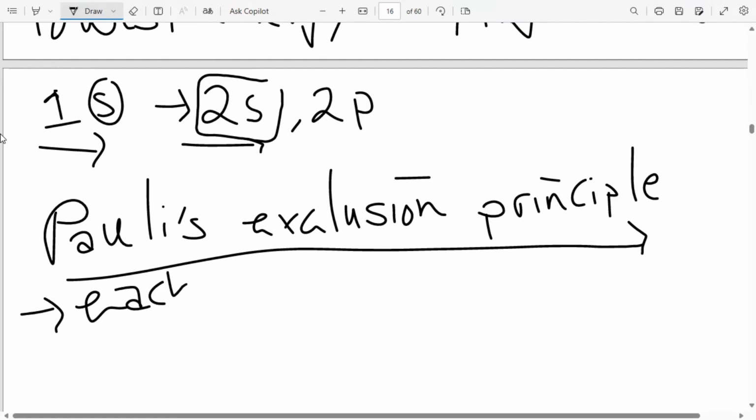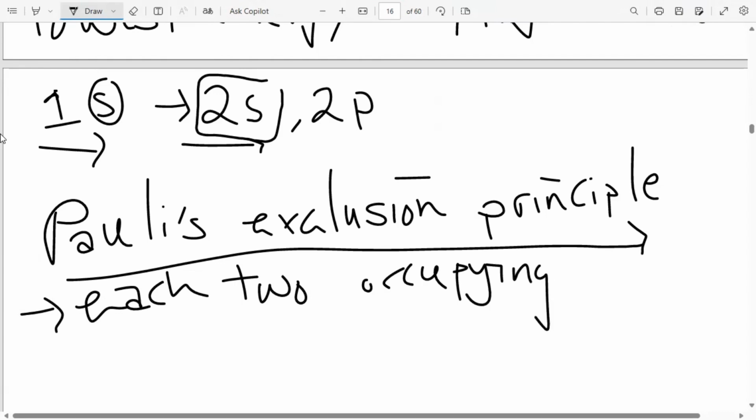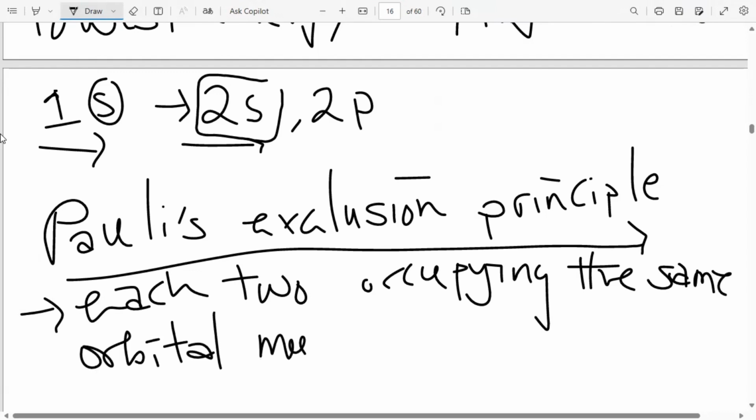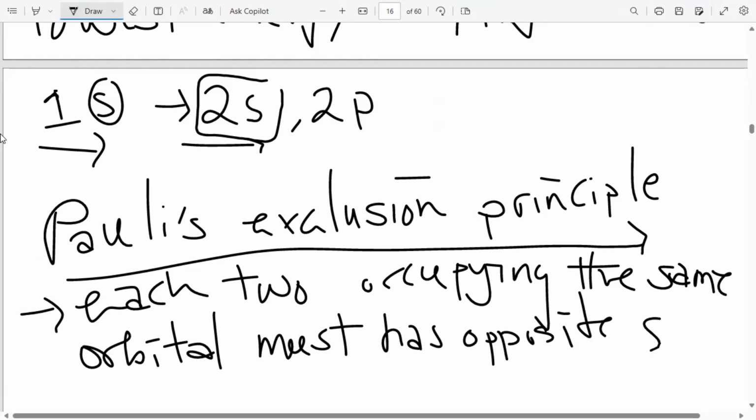I'll simplify it as: the two electrons occupying the same orbital must have opposite spins. What does this mean?